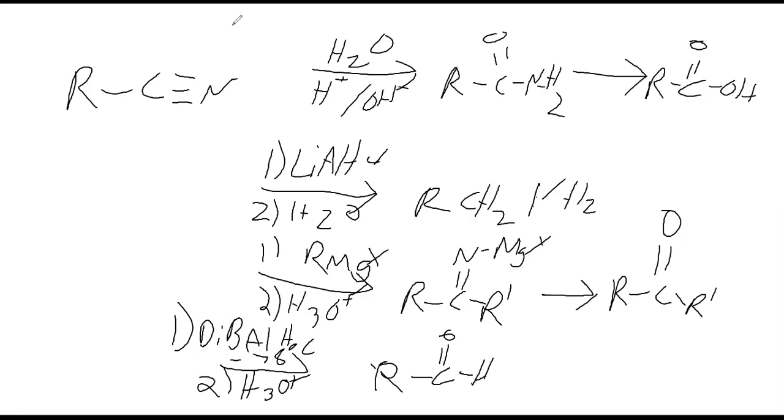It probably goes through an imine intermediate, and then we remove the imine and replace it with the oxygen. So those are all the reactions we're going to care to cover for nitriles.